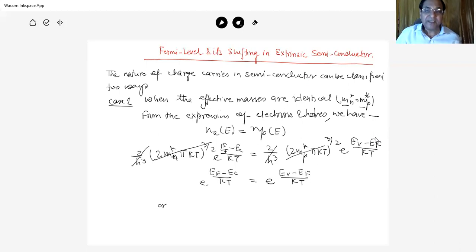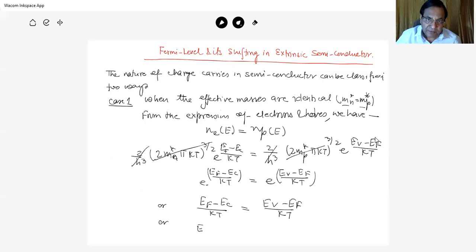If the exponentials are the same, then the powers are the same, that is EF minus EC equal to EV minus EF.